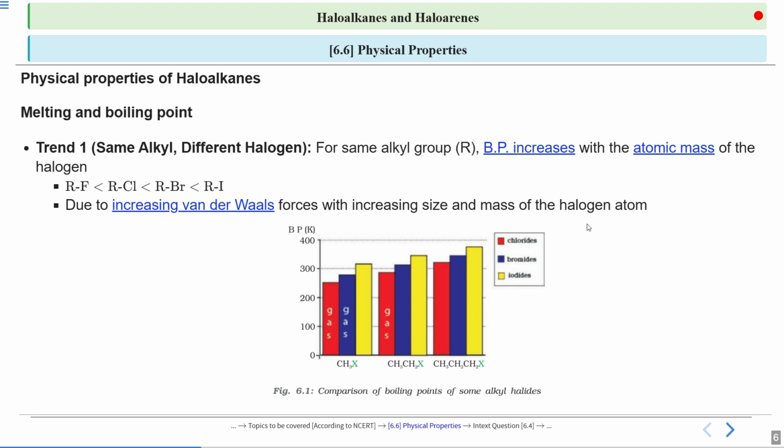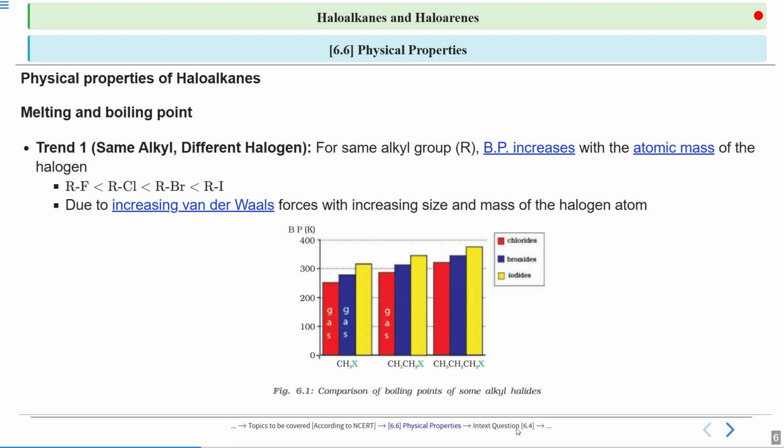So the red graph is for the chloride, like methyl chloride. The blue graph is for methyl bromide, and the yellow one is the iodide, so this yellow graph is for methyl iodide.